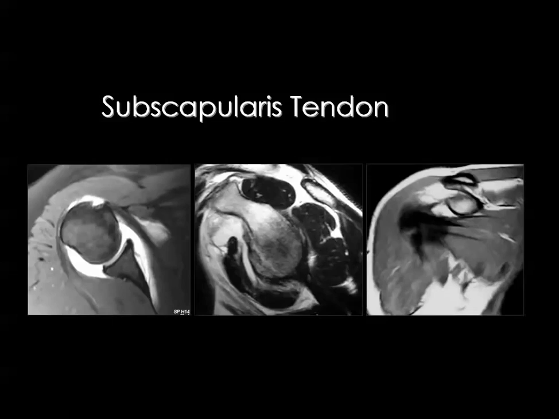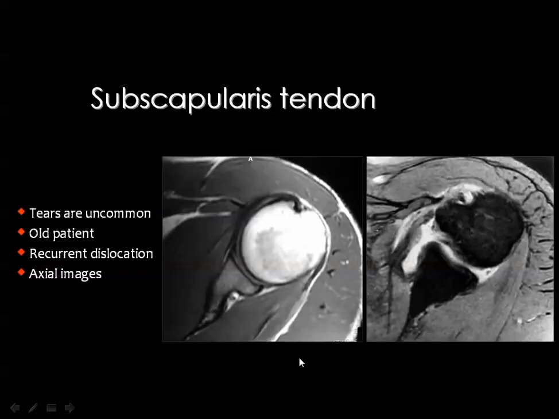Also, you can appreciate the subscapularis muscle in the sagittal images. You know that this is the coracoid process, which is facing anteriorly. Then this will be the subscapularis muscle, and this is supraspinatus, infraspinatus, and the teres minor.